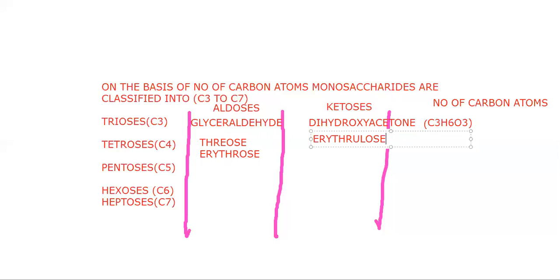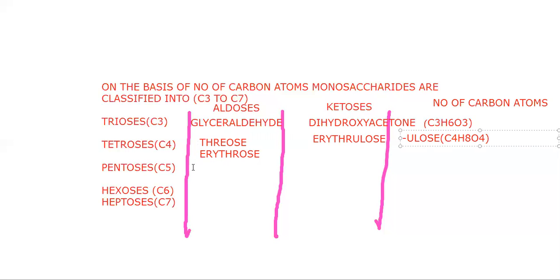So ketoses end with the suffix -ulose. The formula is C4H8O4. I hope you're understanding; this is the empirical formula.